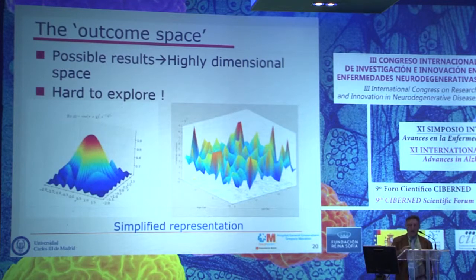So this is very hard to explore, and I'm trying to do a simplified representation in order to explain why the landscape of this space is very important. In these representations, the horizontal axes, x and y, represent two of those tunable parameters, any two of them.